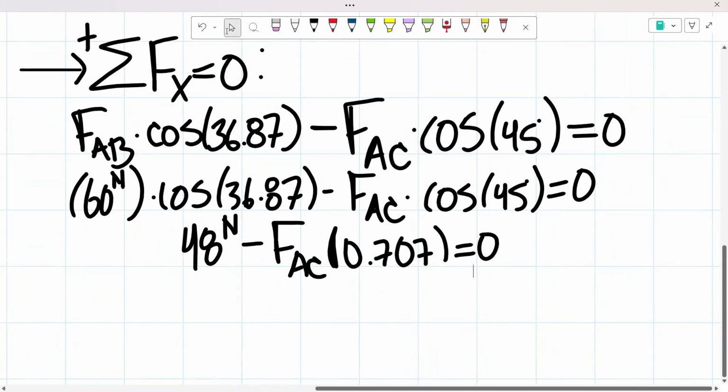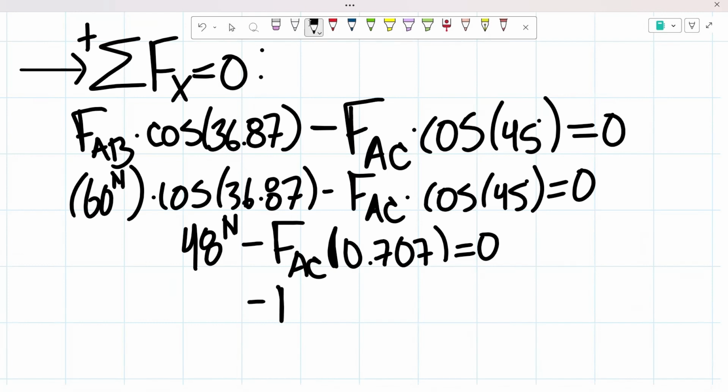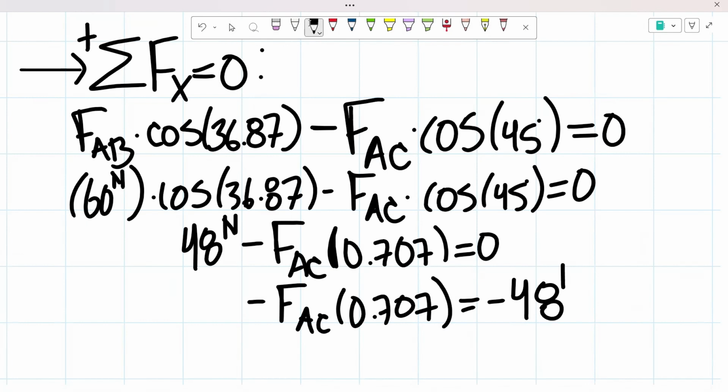Now from there, what we're going to do is move the 48 newtons to the other side to be able to solve for our force of spring AC. So we have the negative force of spring AC times 0.707 is equal to negative 48 newtons.